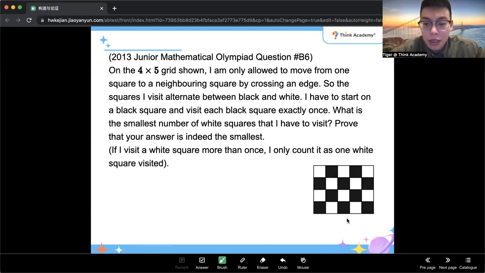Okay. So now you can see that there are a total of 10 black squares. Right? So starting from one of the white squares, the maximum number of black squares I can reach is 4. Does it make sense?